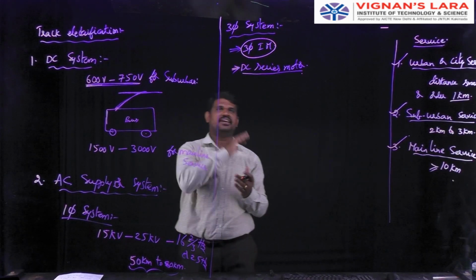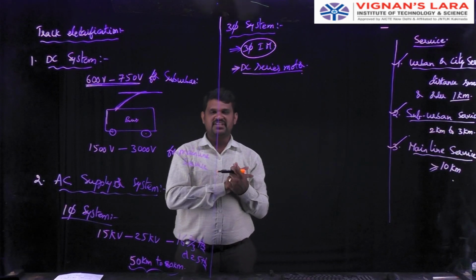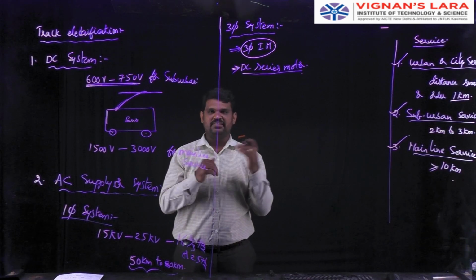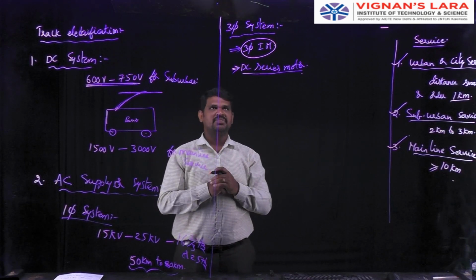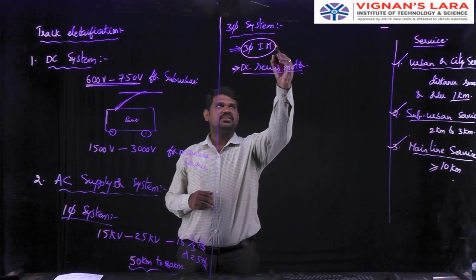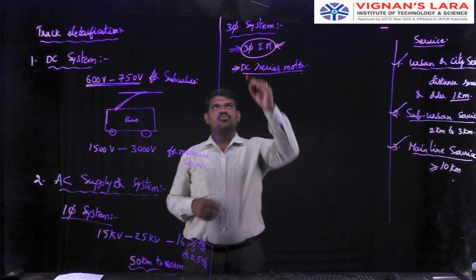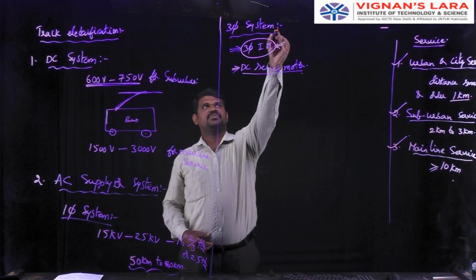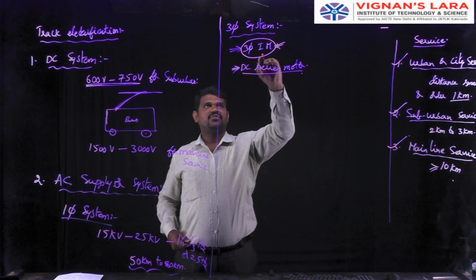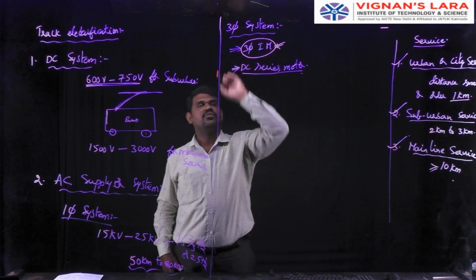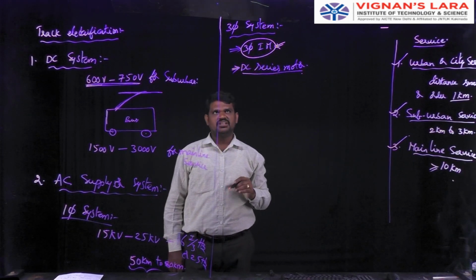Different techniques are there after the invention of power electronics devices. By using those controlling methods, we can easily control the speed of the induction motor. For that reason, we use the three-phase system for the driving of three-phase induction motors.